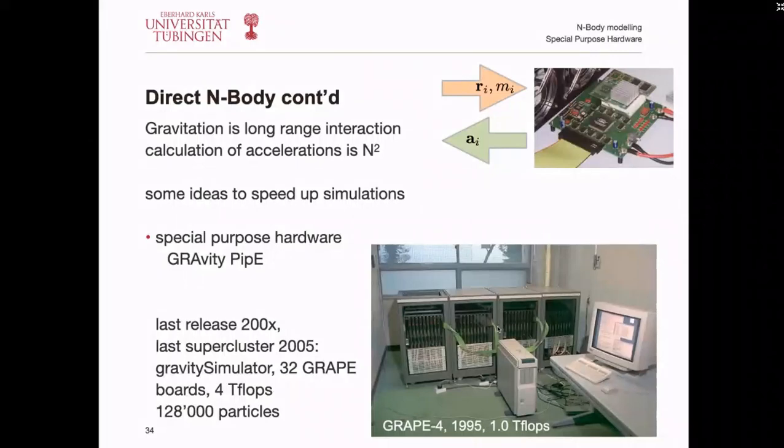But nowadays, all the new modern HPC, high performance computing N-body codes use graphic cards because it's much cheaper to use a gaming graphic card than to build special purpose hardware. Okay, so these are the two possibilities: just use individual time steps or use special hardware.